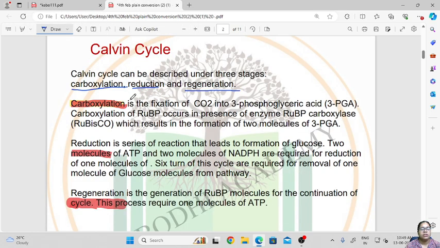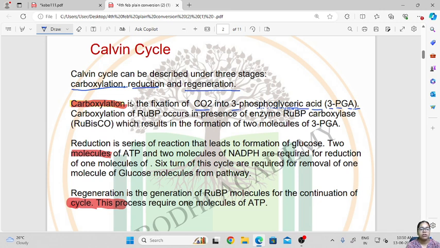So carboxylation is the first step, that is the fixation of carbon dioxide into 3-phosphoglyceric acid, that is 3-PGA.